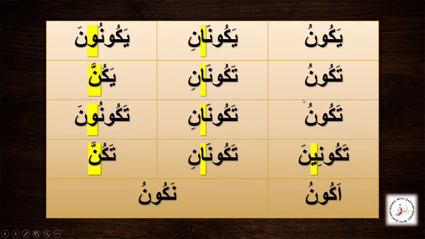Remember that for huwa, and for akunu and nakunu, we have the damir mustatir, here huwa, ana, and nahnu. These are the ism of kana. They are not the fail of kana and yakunu, because this is fail naqis, and we do not have a fail for fail naqis. We have the ism of kana or ism of yakunu.